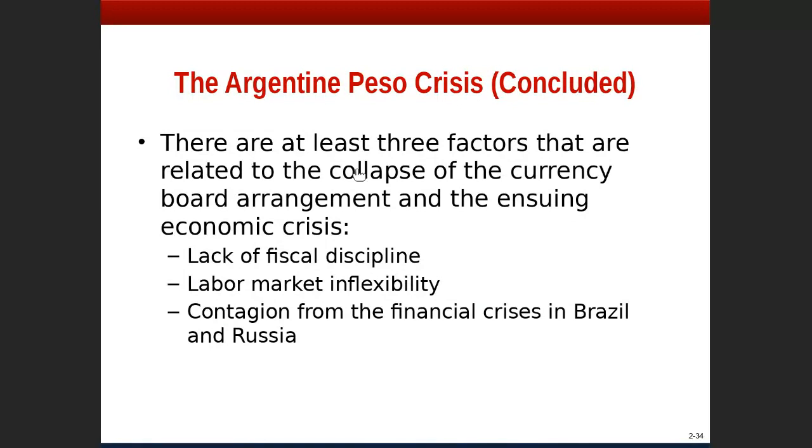There are at least 3 factors that are related to the collapse of the currency board arrangement and the ensuing economic crisis. First, there was a lack of fiscal discipline. Okay? The labor market was very inflexible, and then there was contagion from the financial crisis in Brazil and Russia. All of these events have contributed to the Argentine peso crisis.